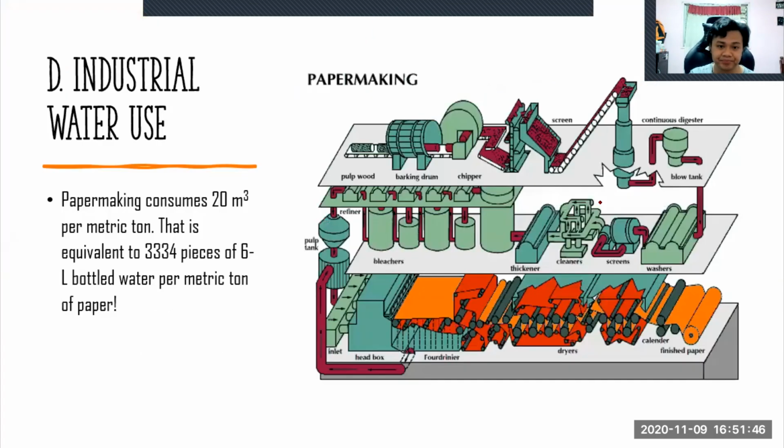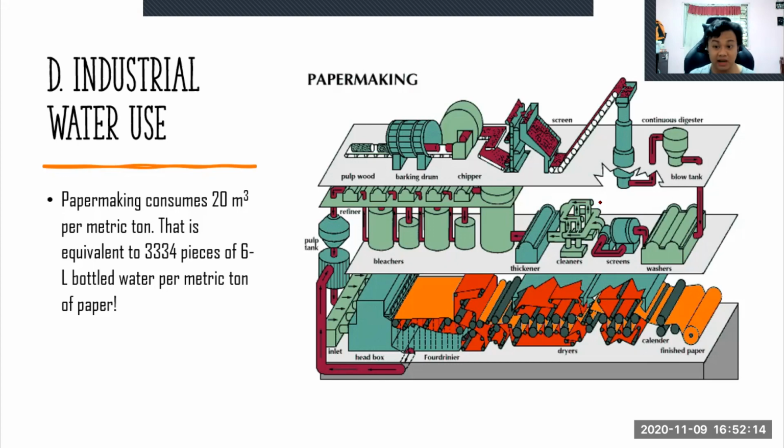All right. So, industrial water use. In the table in your book, there are many contributors to industrial water use. The largest consumer of water there is the making of one laptop.